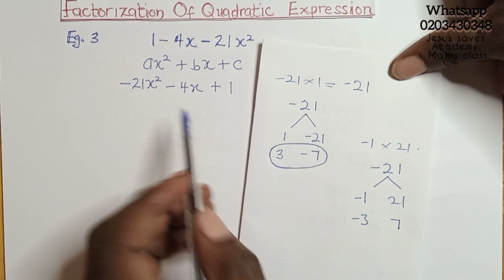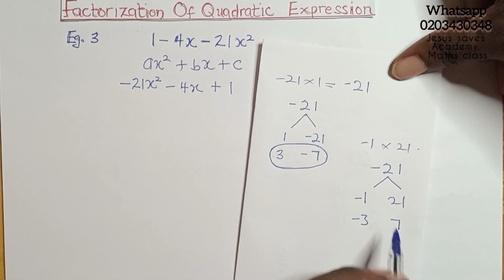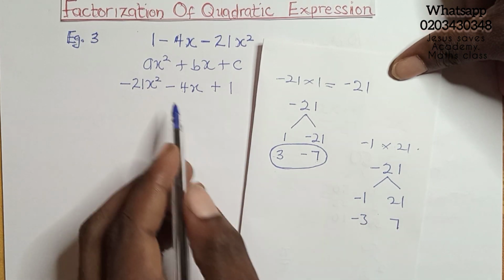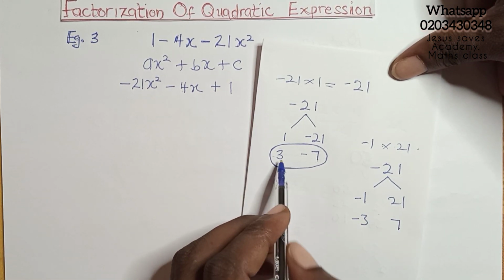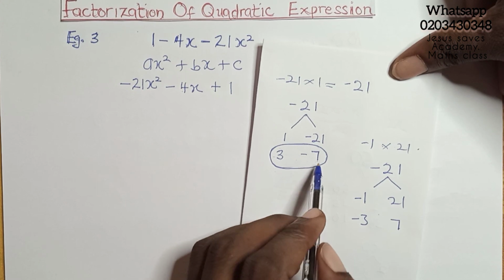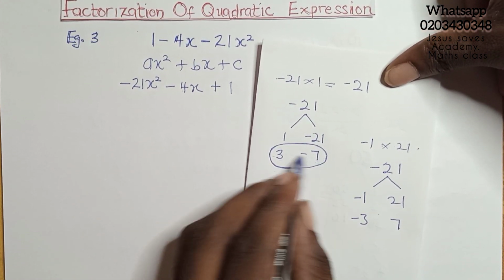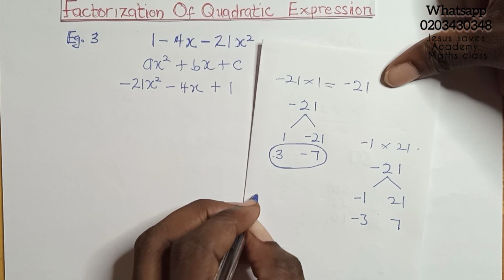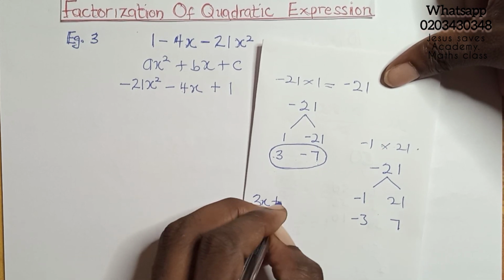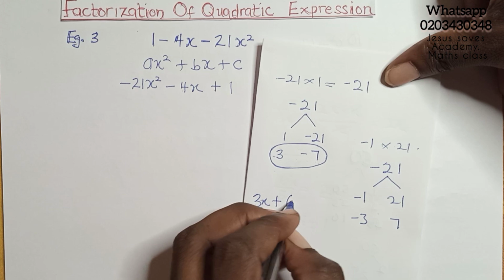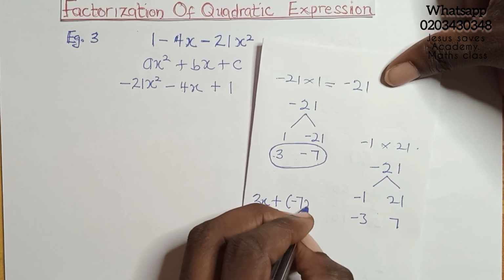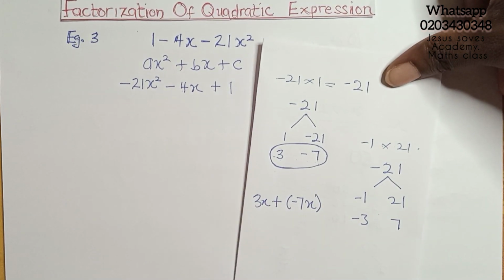If this sign were positive, then the other pair would be the factors we use. But since it is negative, we go for this one, because positive 3 plus negative 7 gives us negative 4. We now multiply these factors by x. So 3x plus negative 7 times x gives us negative 7x.